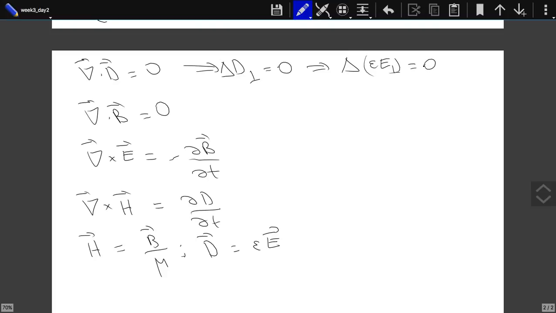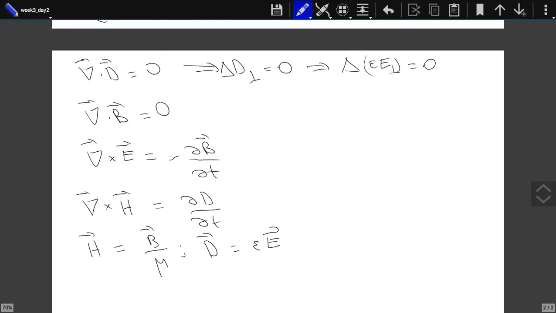Well, to start with, since we know that the epsilon is changing from the left to the right, if E perpendicular is non-zero, then it should be discontinuous. So that the change in epsilon perp as we go from one side of the surface to the other side of the surface should compensate the change in epsilon.